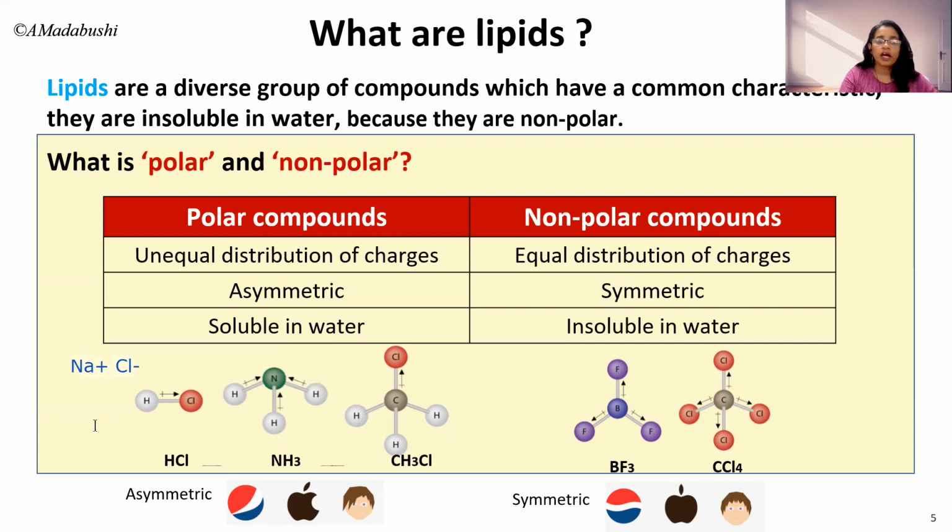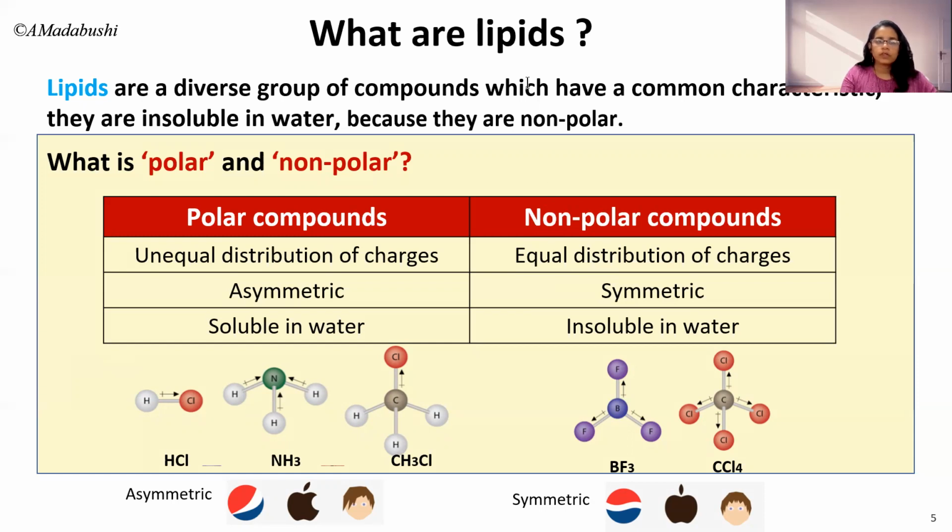I always remind myself salt is soluble in water, and I know salt is polar because Na plus and Cl minus are totally two different things. And that is why salt is soluble in water. That's another thing. You can remember using different kinds of examples, different kinds of methods. So one way to remember, like I said, is nonpolar is not soluble.